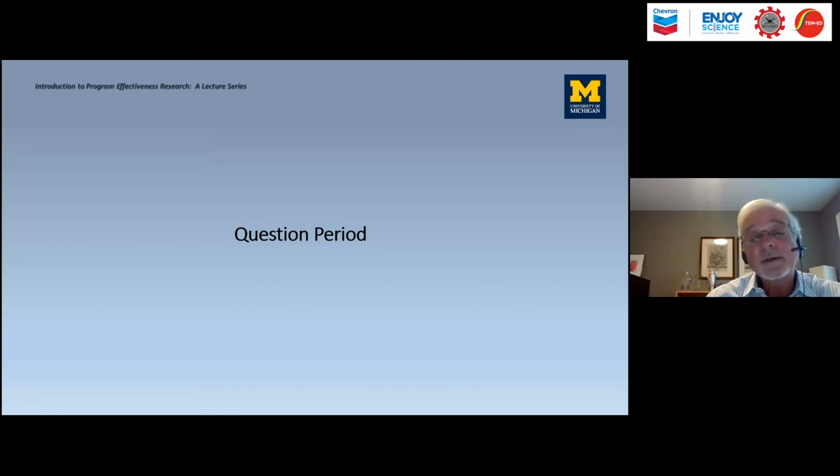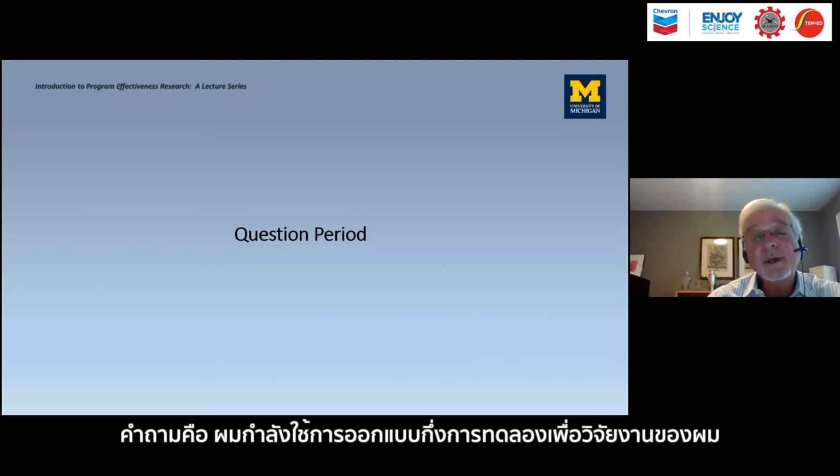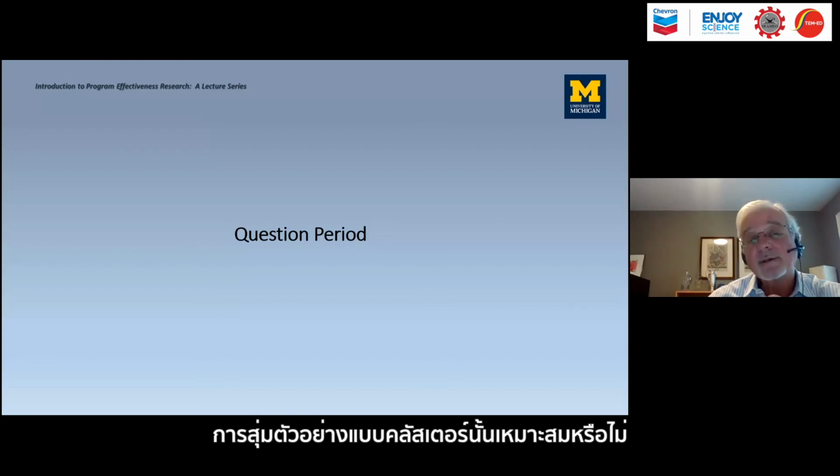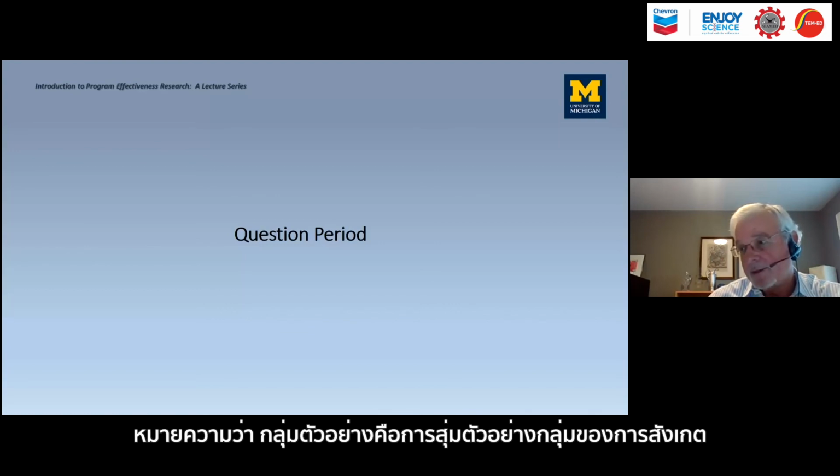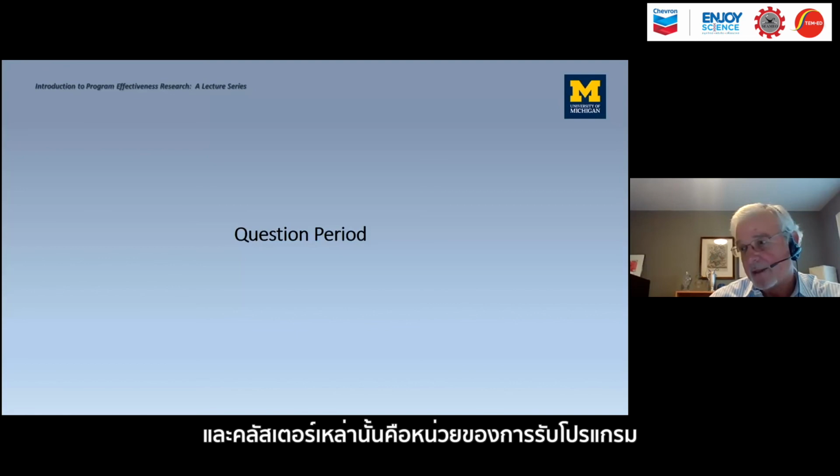This is a question that says, I'm using a quasi-experimental design for my research. Is cluster sampling appropriate? So I'm assuming that by cluster sampling, one means sampling clusters of observations, and that those clusters are the unit of treatment.